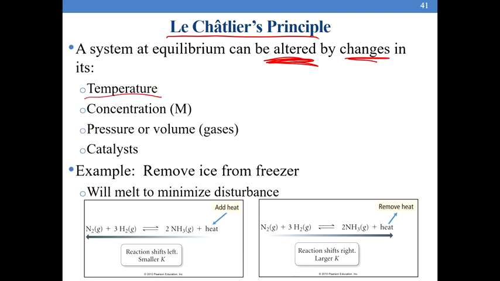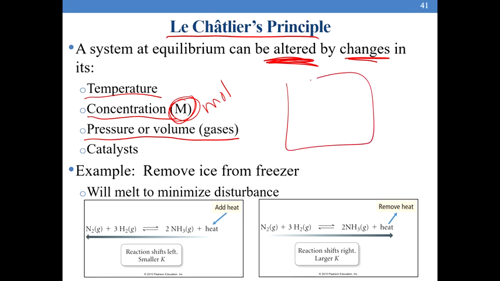Okay? And what can we do to change it? Sometimes temperature will affect equilibrium, or concentration. Like I said, we haven't gone over this unit yet, but for now you can think of it in terms of amount of moles. Okay? Pressure or volume, especially with gases, because if you think you have a container and the gases fill the volume and shape of their container, what if I squished that container down? It's the same amount, but now I've squished it down.